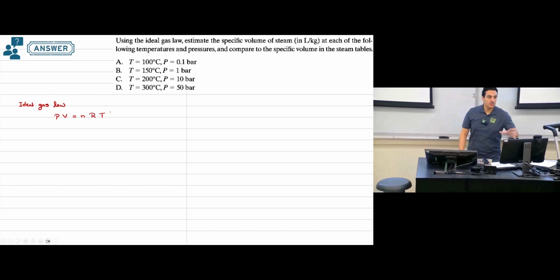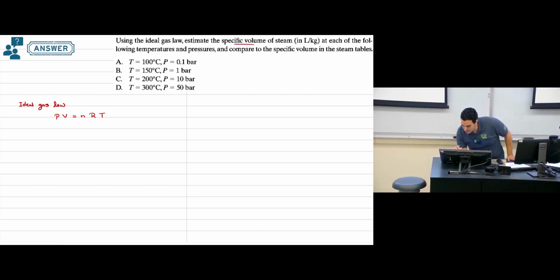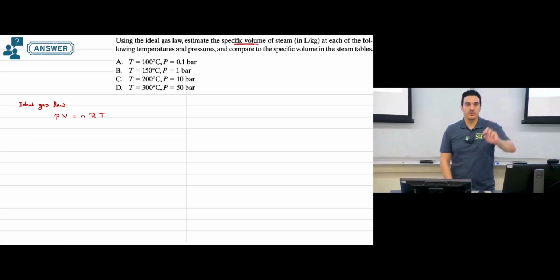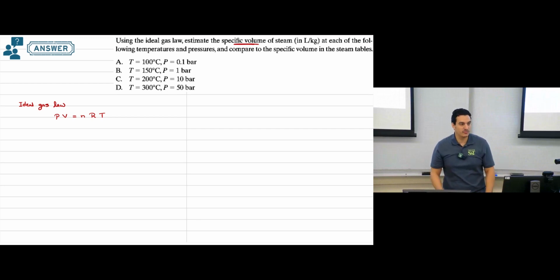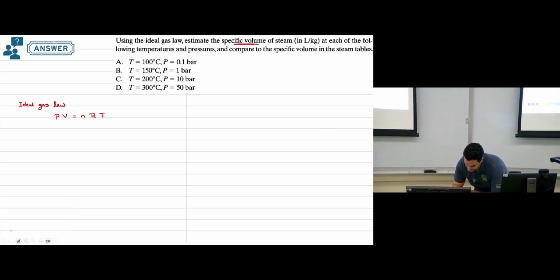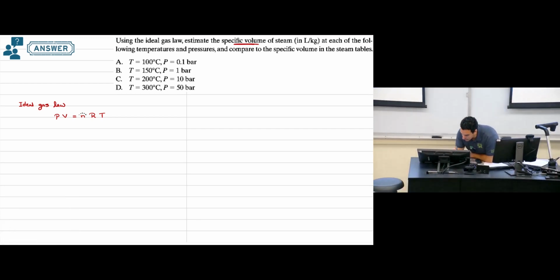Always keep in mind what you need to calculate. I need to calculate the specific volume. Specific volume is volume divided by mass. In the equation I don't have mass, but I know that this n can be related to mass. So n is mass divided by molecular weight. So the equation will be PV equals mass over molecular weight times RT.